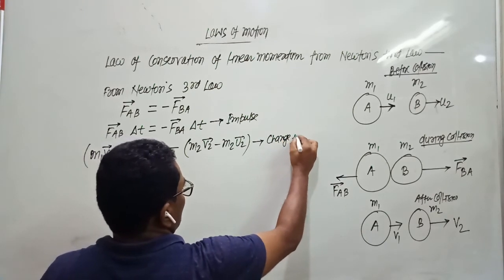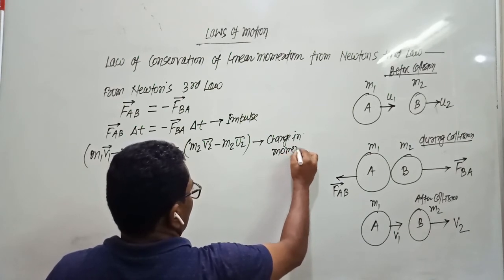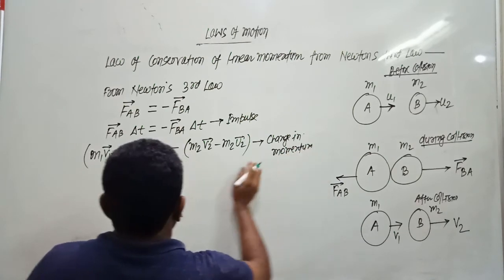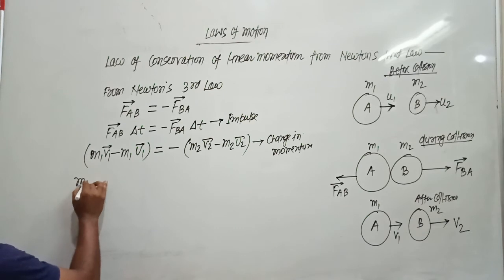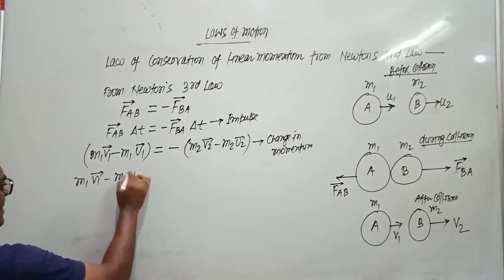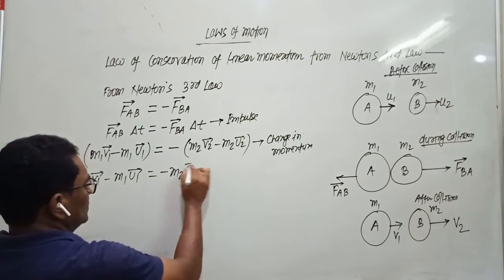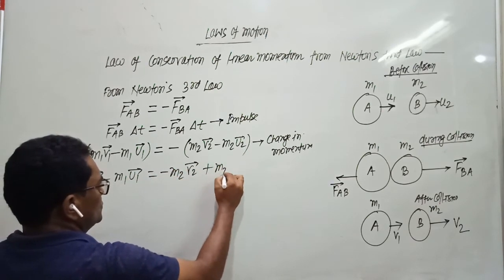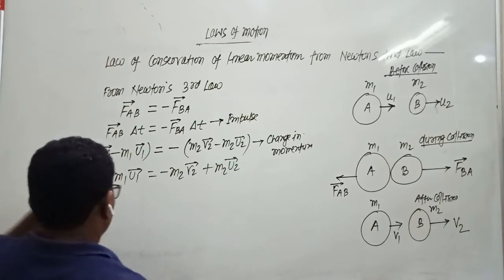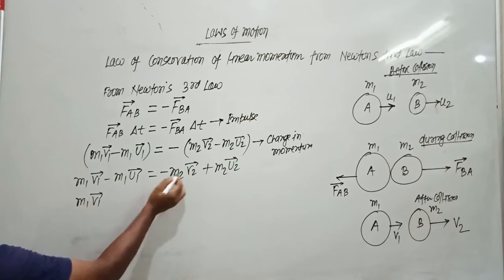So this expression gives the change in momentum. We expand this bracket, so we get m1 v1 minus m1 u1 equals minus m2 v2 plus m2 u2. Now m1 v1 goes on the left side, and m2 v2 goes on the left side and becomes positive.